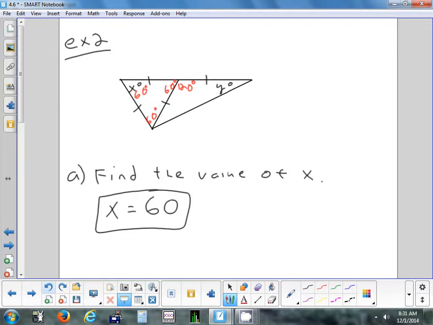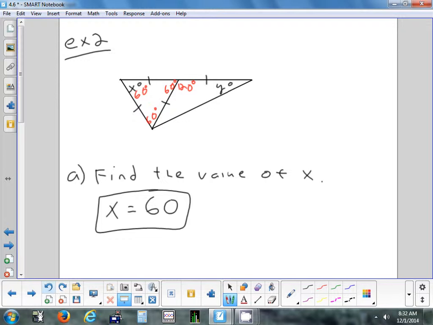Y is 20 because the two congruent sides have congruent angles, and the two congruent angles would have to be, well, it would be 40 and then divided by 2. Okay, so everything he said is pretty good. He said that you get an isosceles triangle. This is 120. Because it's isosceles, the base angles are the same. And you said they were both 20? Yeah.